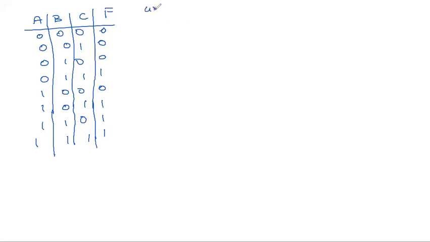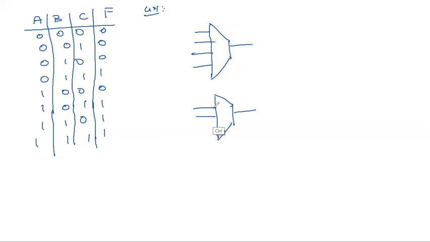Next, 4 by 1 mux. I want 4 by 1, right? We need only one 4 by 1 mux: 1, 2, 3, 4 inputs, 2 selection lines and 1 output.